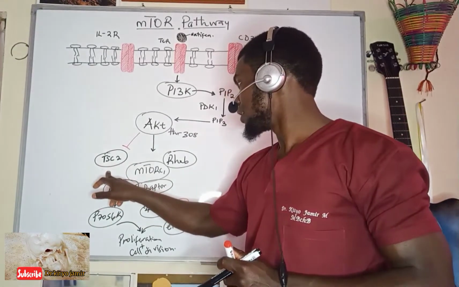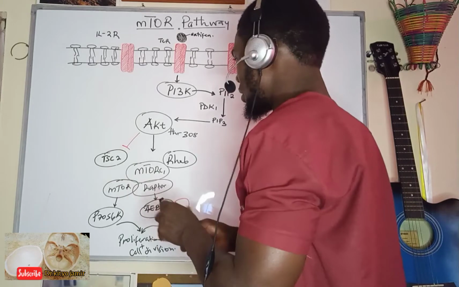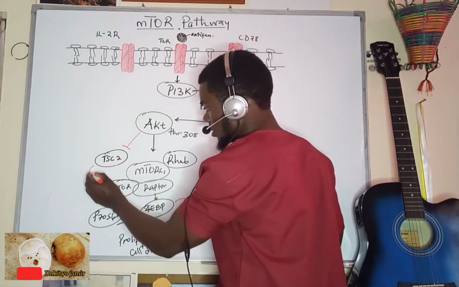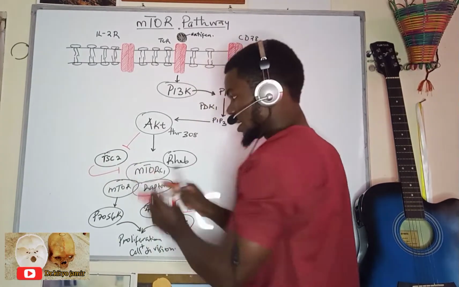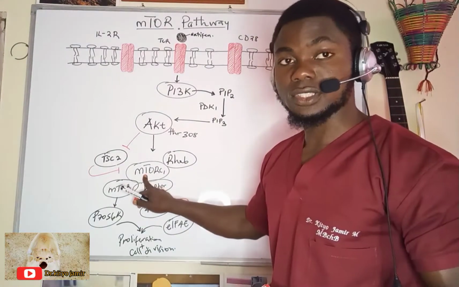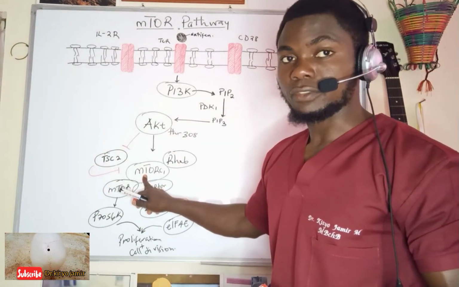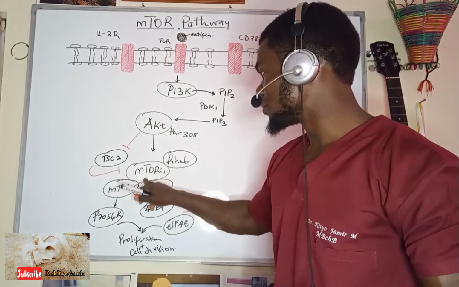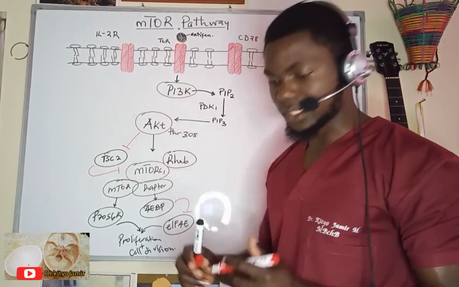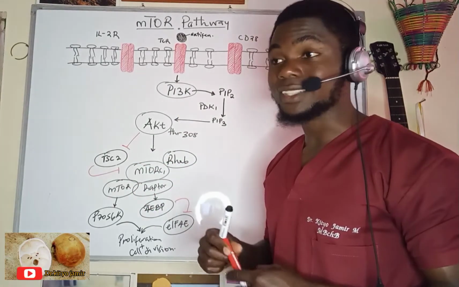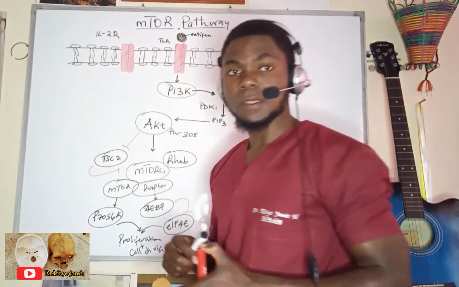When this one is activated, it's going to act as an inhibitor to mTOR C1. So if mTOR C1 is inhibited, we are going to have activation of ULK1, which is involved in autophagy.